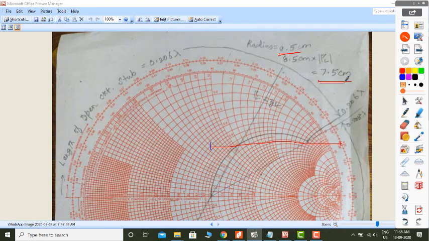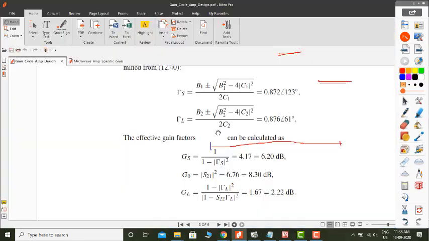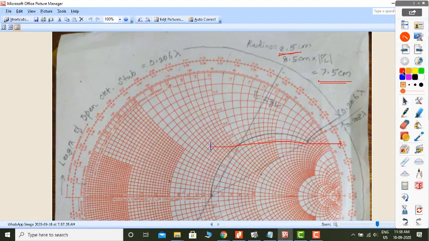Before that, what is the angle of gamma L? The angle of gamma L is 61 degree. Now you mark the 61 degree on the Smith chart. So this point is the 61 degree.